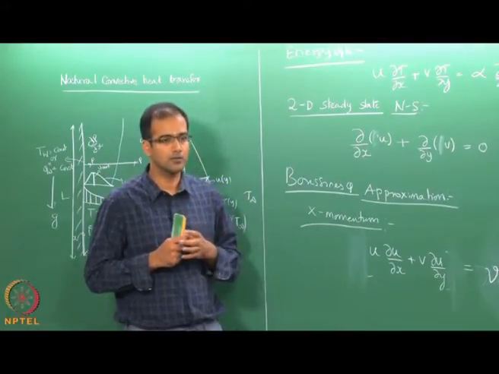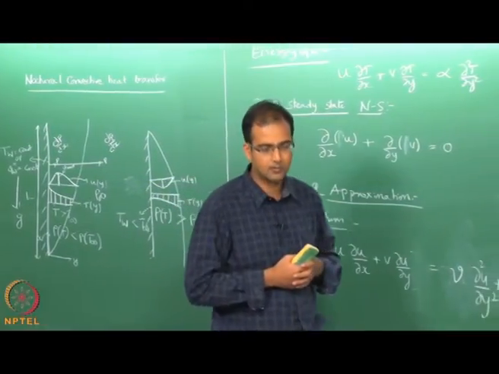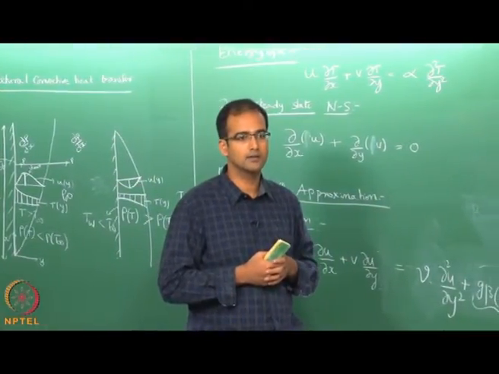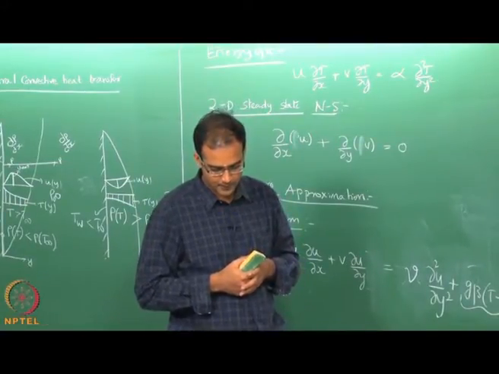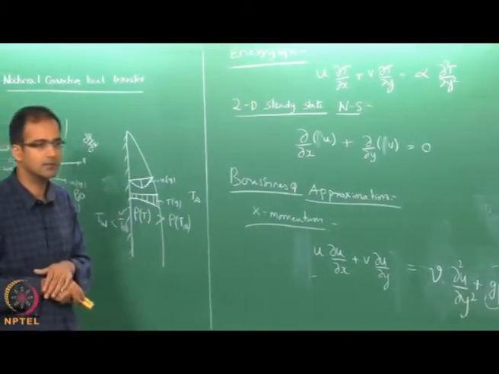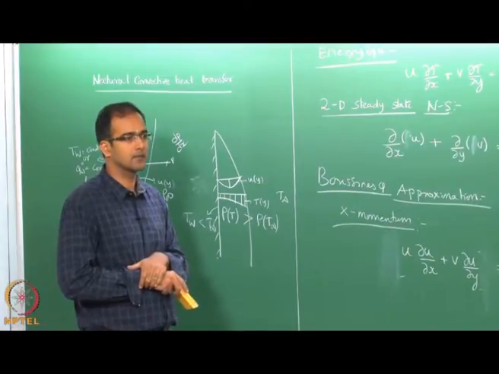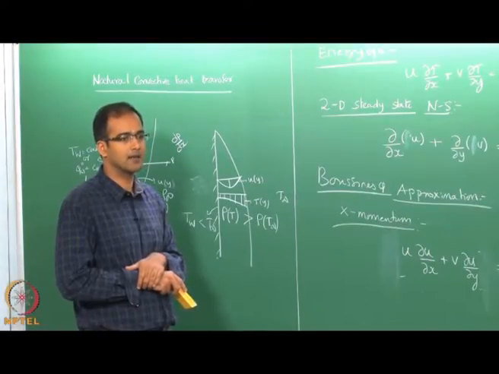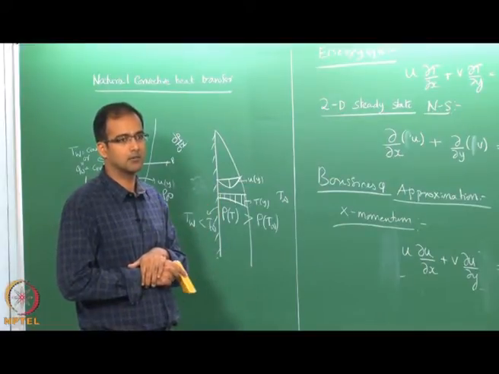Now, we will see in the course of another 1 or 2 lectures how to solve these equations for different boundary conditions. But before doing that, now that we have derived the governing equations, let us try to non-dimensionalize them, taking some reference parameters and see what non-dimensional numbers come out.